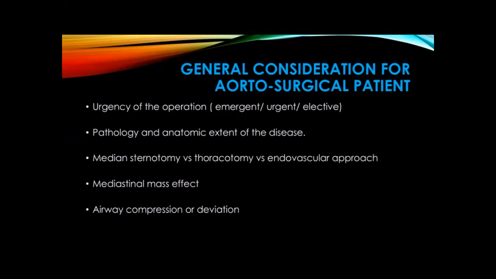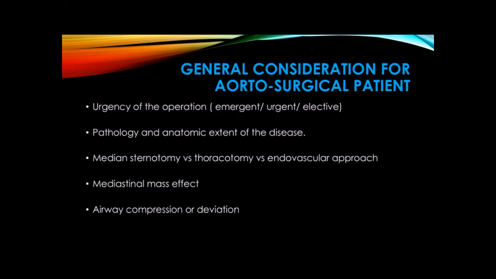The urgency of the operation, particularly whether the surgery is emergent, urgent or elective, should be discussed. The pathological and anatomical extent of the disease is very important, because that dictates the course of the surgery and the outcome. Also the involvement of the aorta, whether it has involved the arch, descending thoracic aorta or abdominal aorta, will decide our surgical approach, whether median sternotomy, thoracotomy, or nowadays the endovascular approach.